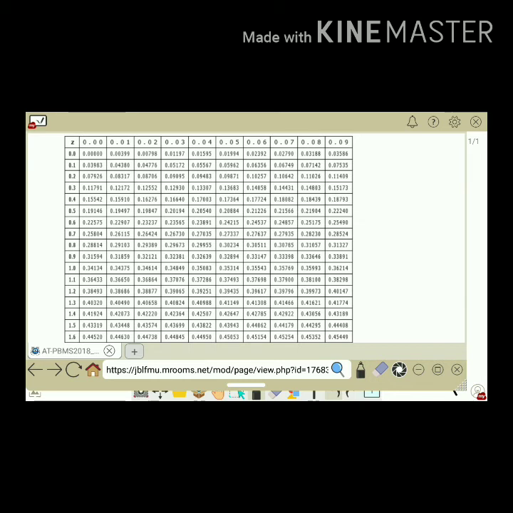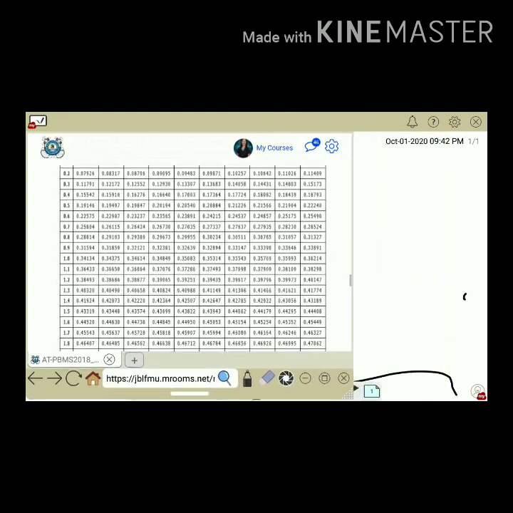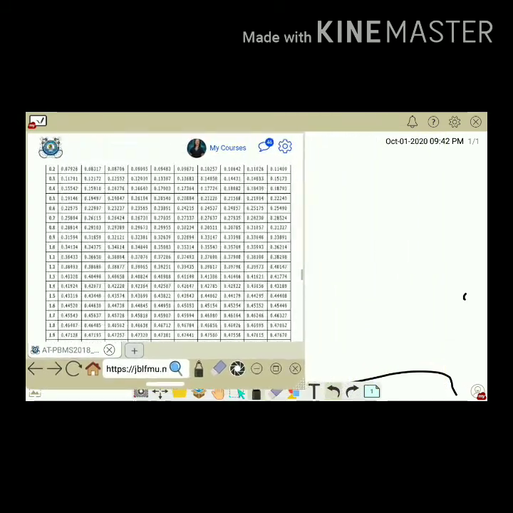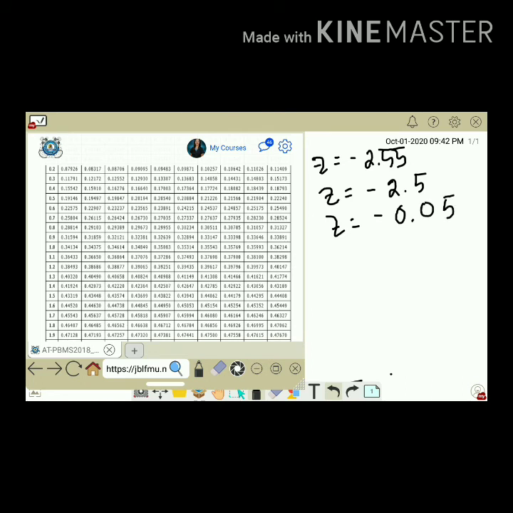Wait for a while. Okay, so negative 2.55. Okay, z is equal to negative 2.55. First things first, that is composed of negative 2.5 and another is 0.05, right?